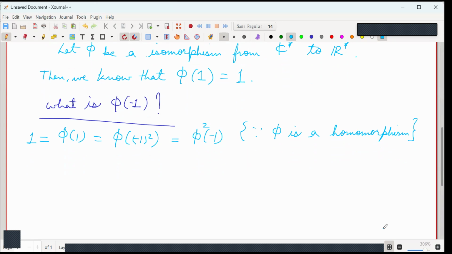Now what does this imply? So 1 is equal to phi of minus 1 square. That means phi of 1 is a second root of unity.